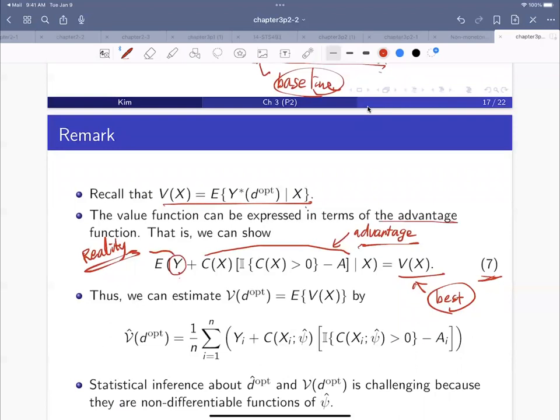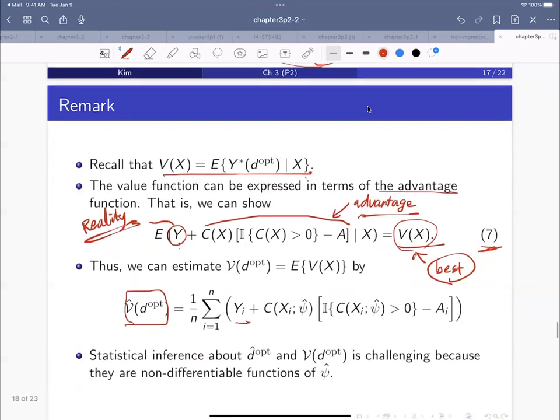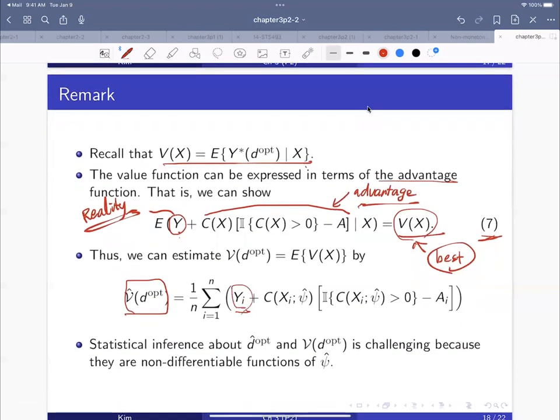We need to show that, but a nice thing about this is that I can use my current data to directly obtain this. This is the advantage, and this is my current observation, used to estimate the value at the best optimal decision.